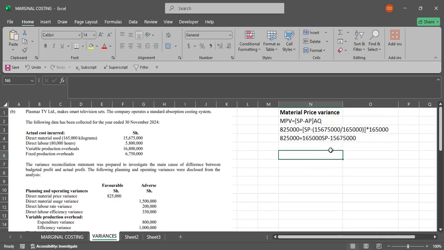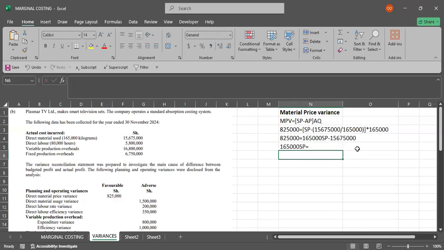Good. So can we now make standard price the subject of the formula? Collect like terms. 165,000 standard price is equal to, now this is a minus. If it crosses the equal sign, it will be a plus.